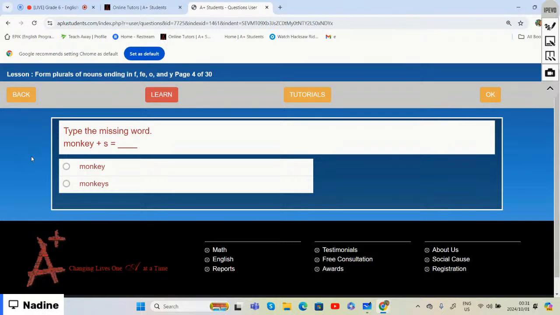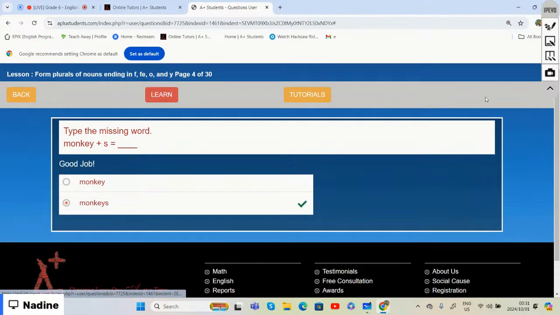If we were to choose the correct option, we will go with option two, which is one monkey, more than one monkeys.